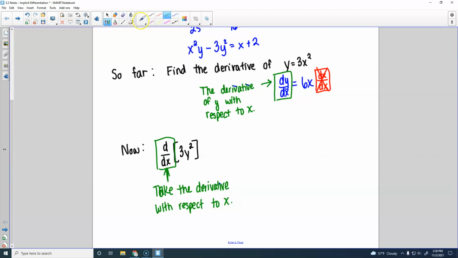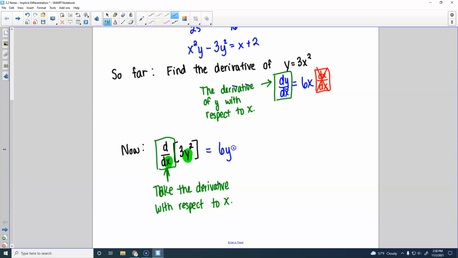But the difference this time is that this is an x, but our equation has a y. So when we're taking the derivative of this, we're going to take the derivative just like we would if it was an x. It's going to be 6y to the first power, which we don't have to write.